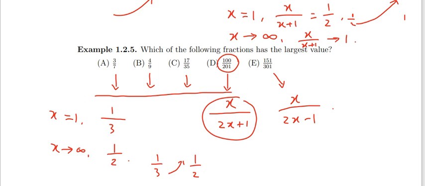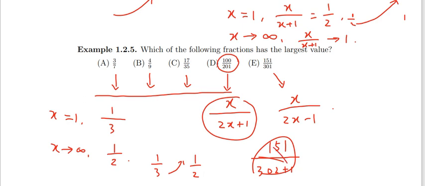Okay, so then compare these two, D or E. Here this is minus 1 and this is plus 1, so if x is 151, the denominator 2x plus 1 is 303 and the other is 301.